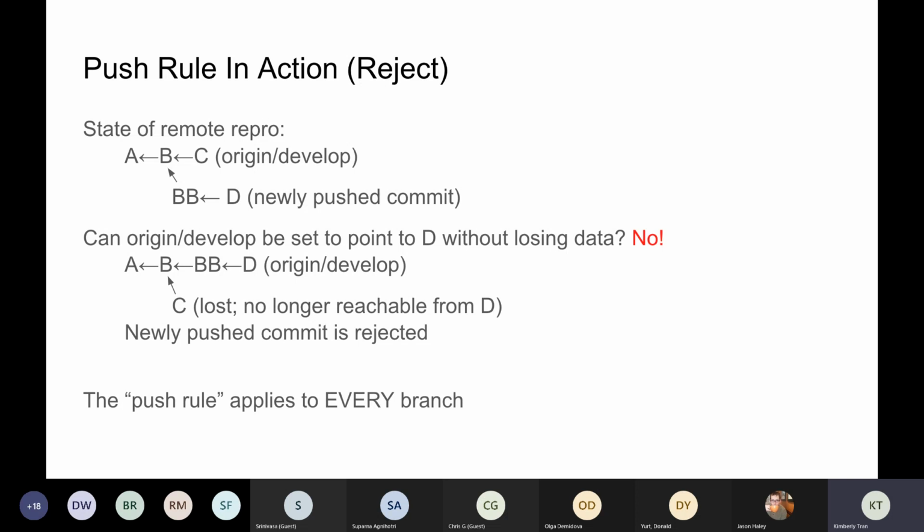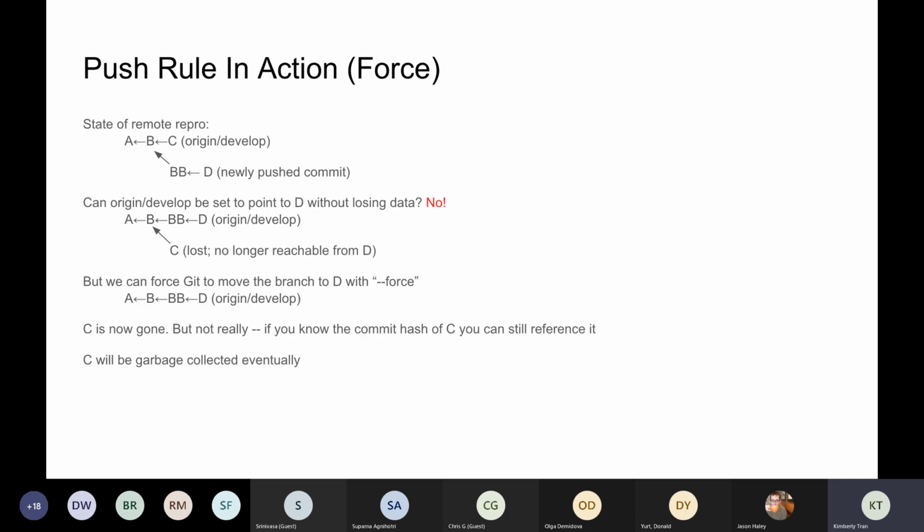Okay. So the last case is the force. This is like the exact previous diagram, but this B here is the common commit that you both started from.